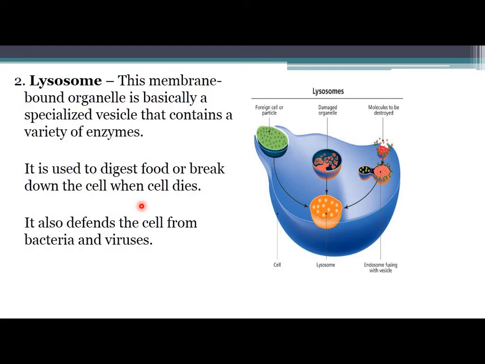So, ibig sabihin, ang lysosomes contains variety of enzymes, at itong enzyme na to ay ginagamit para ma-digest ang food na pumapasok sa isang cell, at the same time ginagamit din ito para i-break down yung cell kapag namamatay na ang isang cell, no? And it also defends the cell from bacteria and viruses. Yan, papatayin ng enzyme na produce ni lysosome etong mga viruses and bacteria na pumasok sa katawan ng isang animal, o sa isang cell.